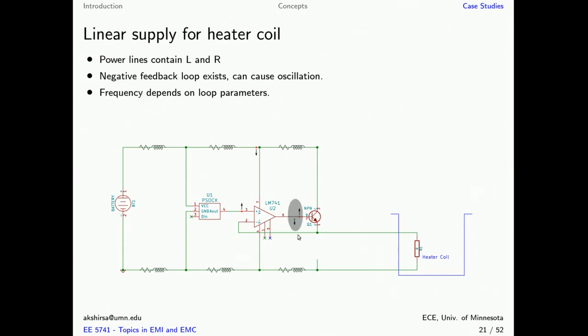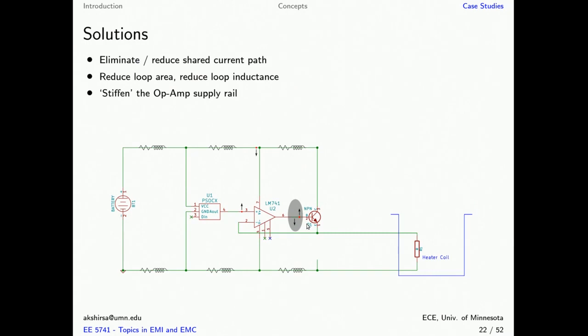This is, of course, what we need to eliminate. We need to eliminate the effect of an increase in voltage at the input and eliminate that link through the power supply. So first thing we are going to do is eliminate the shared current path, which is what was causing the problem. So instead of wiring the op-amp supply rails to the shared node or the shared current path, we'll use separate conductors or separate wire and wire it directly to the battery.